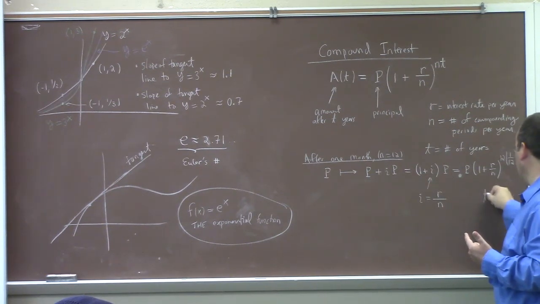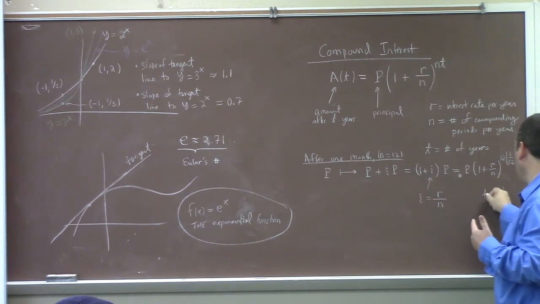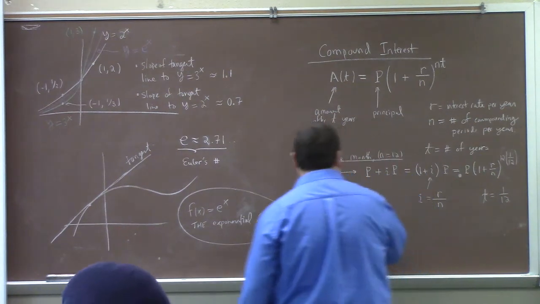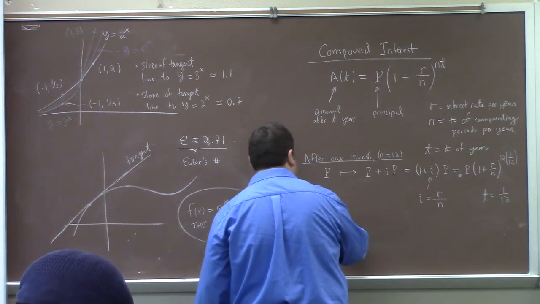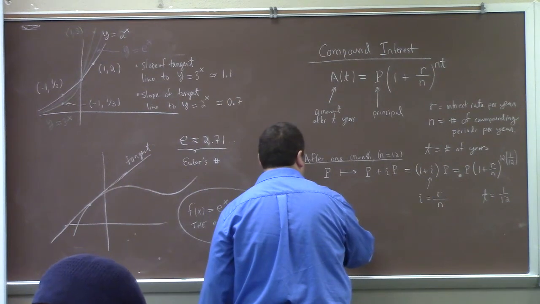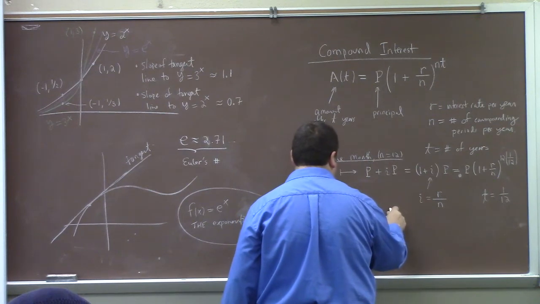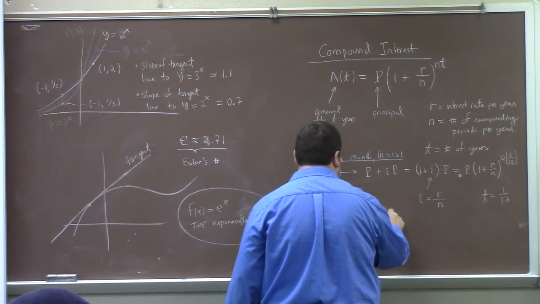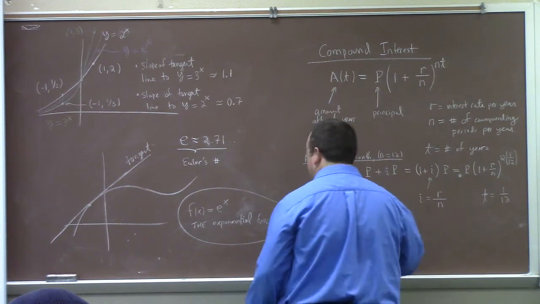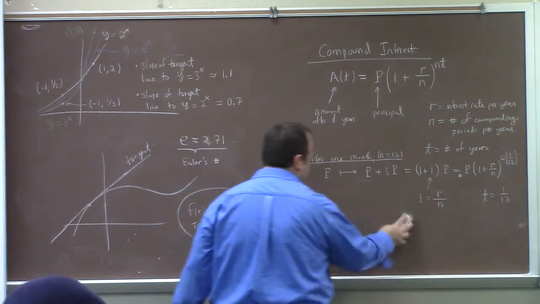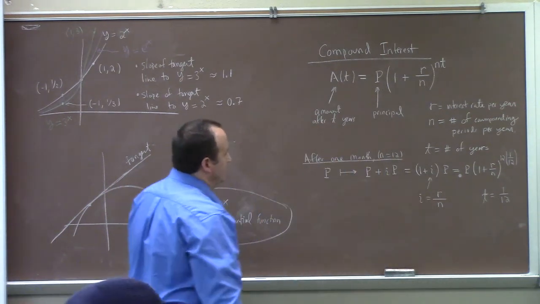My t is equal to 1/12 after 1 month, right? After the second month, you get P plus iP goes to 1 plus i, and so on. Well, anyway, let me not continue this. I have neither time nor interest in doing this. The point is that this formula will calculate the compound interest.